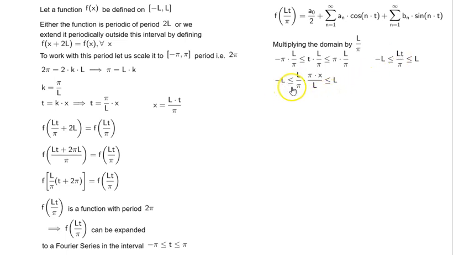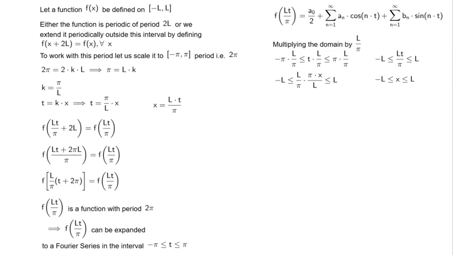So minus L is less than or equal to L by pi times t, which is equal to pi by L times x, less than or equal to L. Here again pi and pi cancel out, L and L cancel out. So we are left with minus L is less than or equal to x, which is in turn less than or equal to L. So here t is in the interval minus pi to pi, and we have converted it into x being in the interval minus L to L.